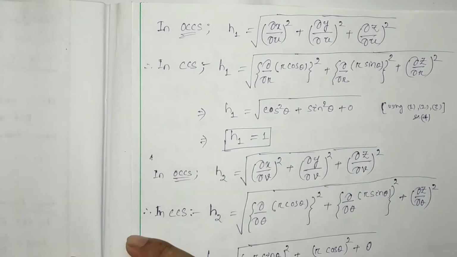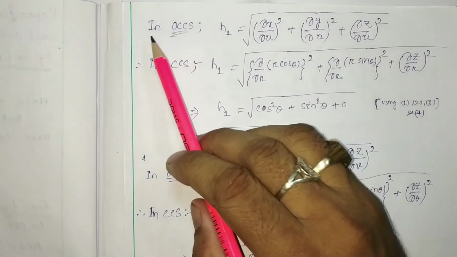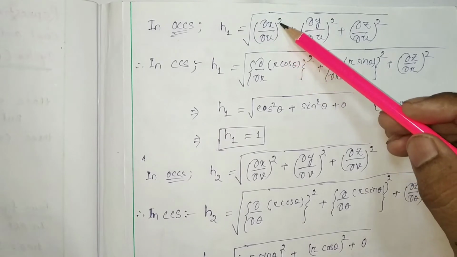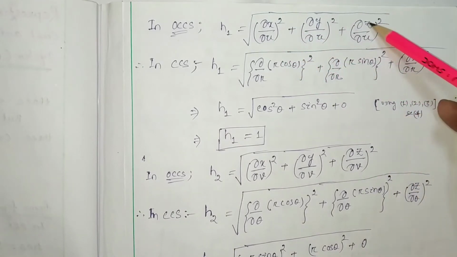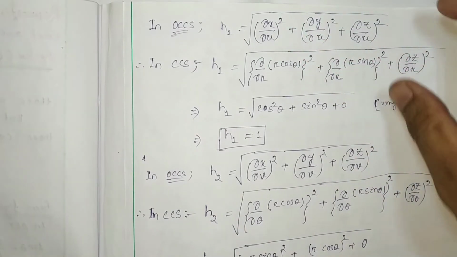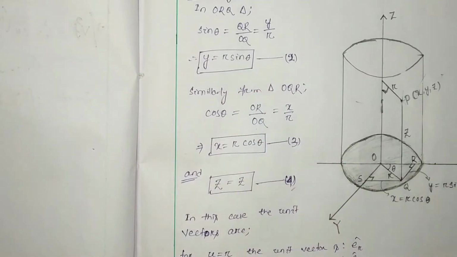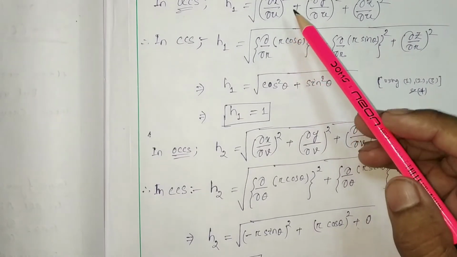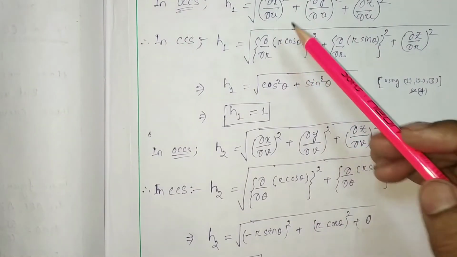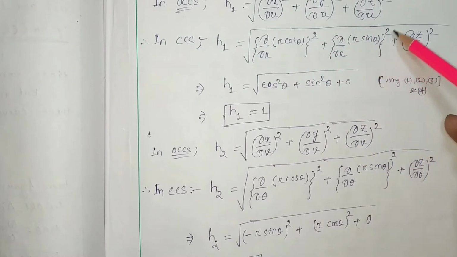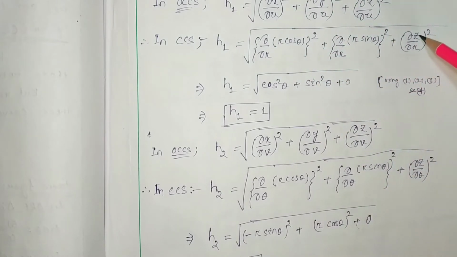First, in the orthogonal system, h1 is nothing but the square root of (del x by del u) square plus (del y by del u) square plus (del z by del u) square. Here x, y, z in the cylindrical coordinate system are r cos theta, r sin theta, and z, which we substitute. Here u is nothing but r. So del by del r of r cos theta square, del by del r of r sin theta square, del by del r of z square.